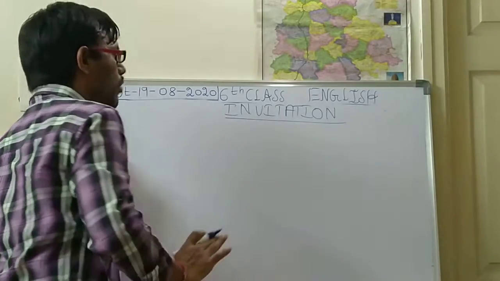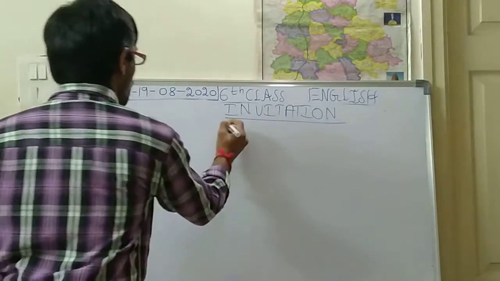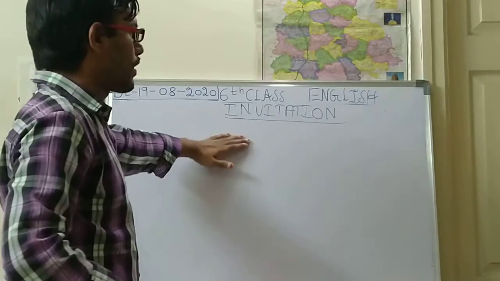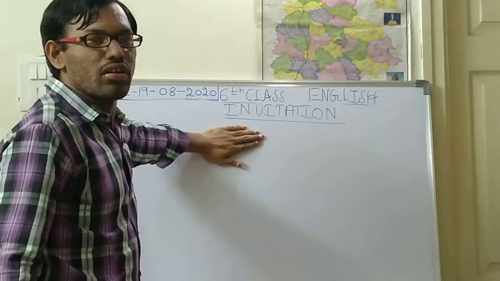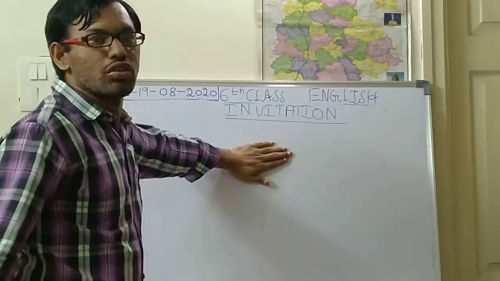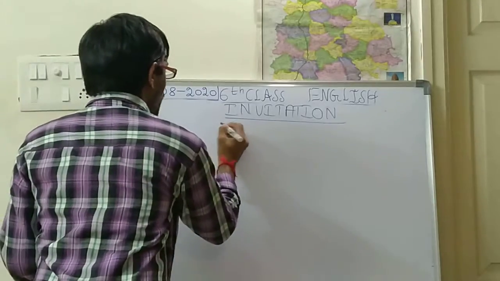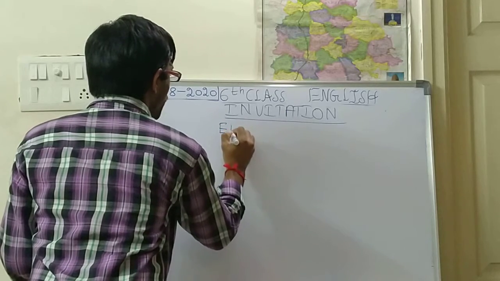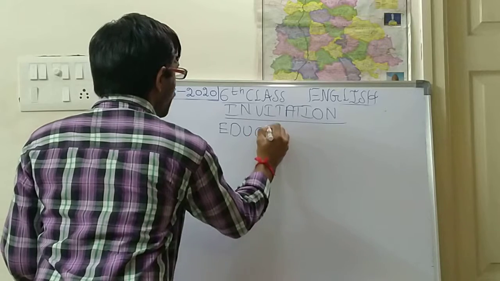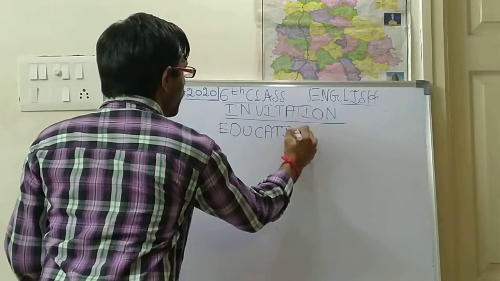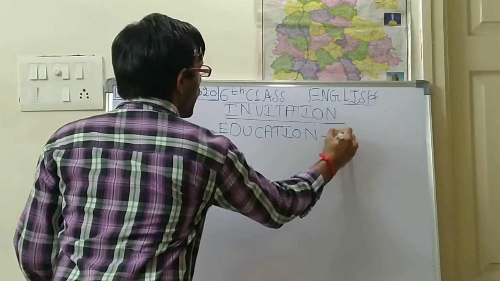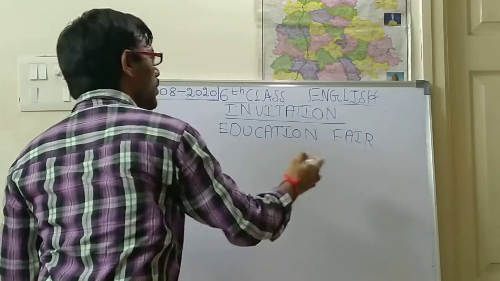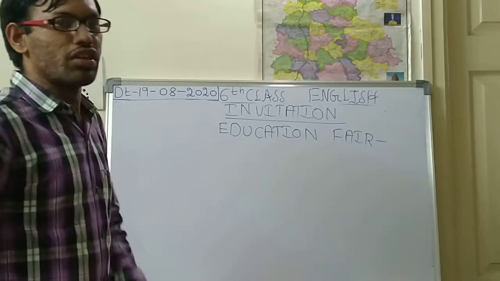After this, what you have to write is below, by leaving one line. What type of invitation? Type of program, suppose education fair. We are discussing the education fair. You should mention the year also.